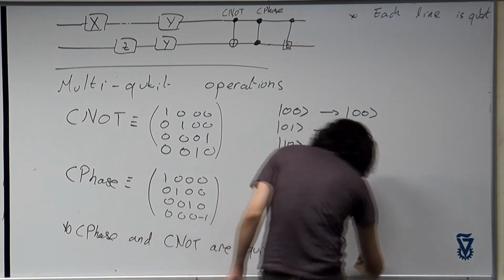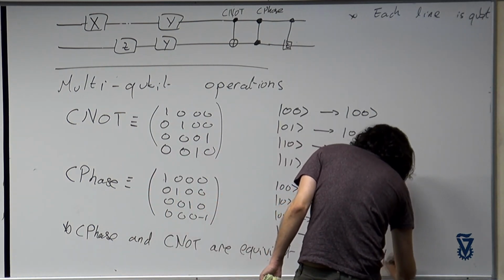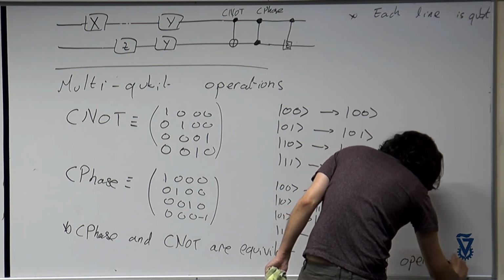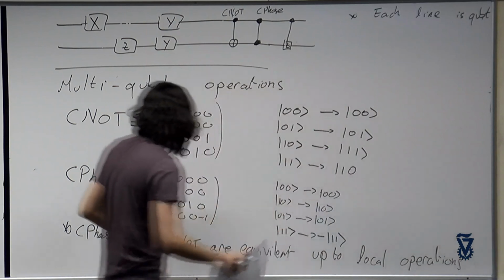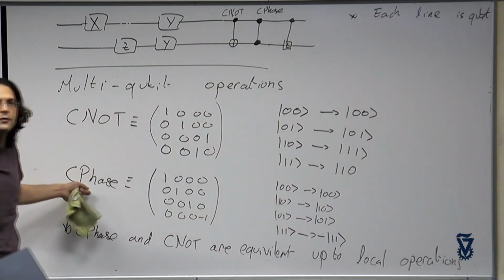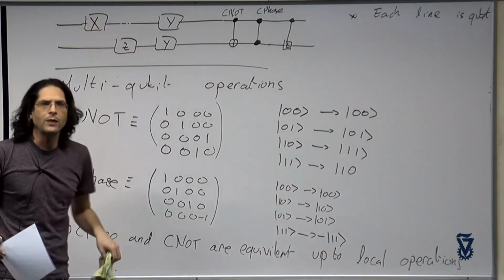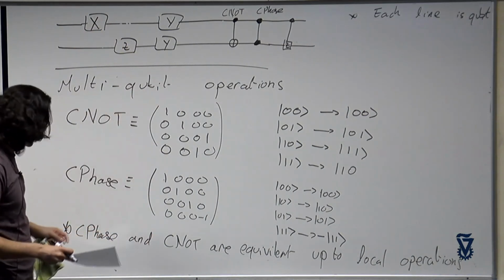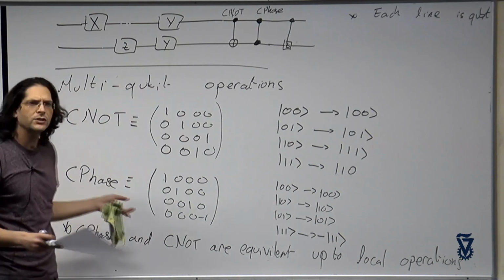Meaning that you can turn a CNOT into a C phase by just adding a few single-qubit gates. All right, any questions till now?